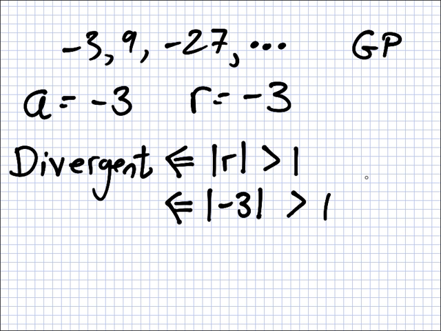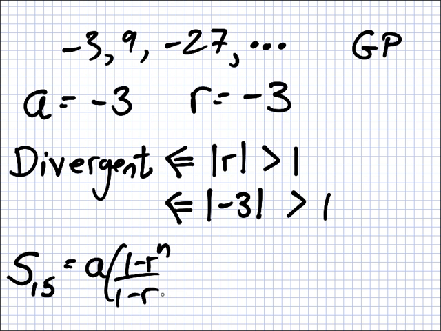Okay, is that only the answer? It's not the answer. Well, I mean, that's half the answer. The next part is they wanted the S15, which is a times 1 minus r to the n over 1 minus r, isn't it? For GP.